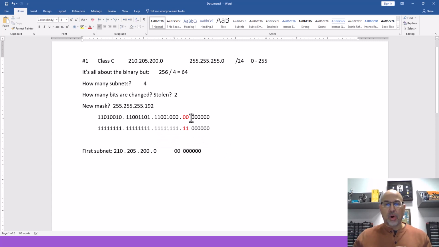When I put all ones in the host portion, that is to say the highest possible address in that range, then I'm getting the directed broadcast at that particular network. Well, what does that look like?